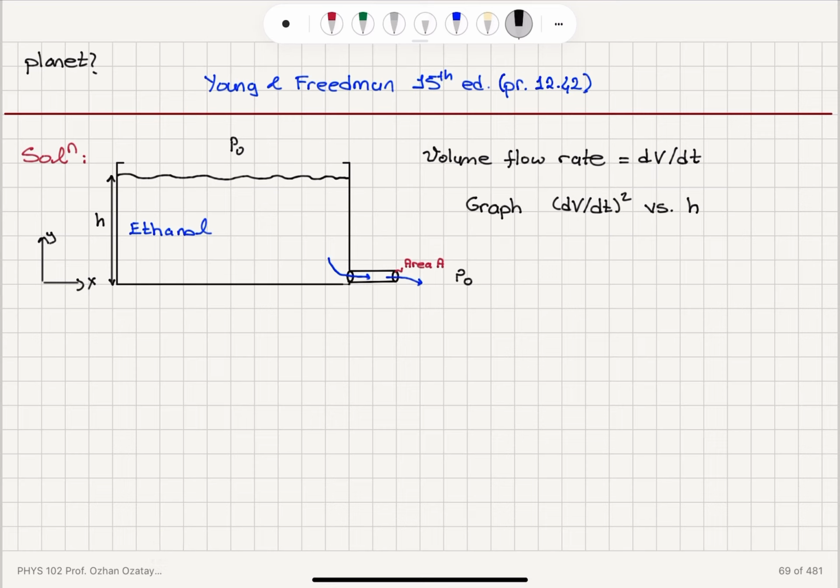Okay, so I'm going to start with Bernoulli's equation.